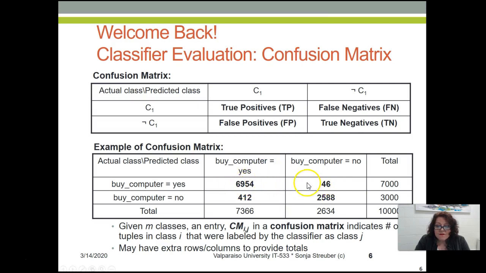And we have 46 who actually don't buy a computer identified as yes, they will buy a computer. We have 2,588 people correctly identified who will not buy a computer, and the model has identified them correctly.